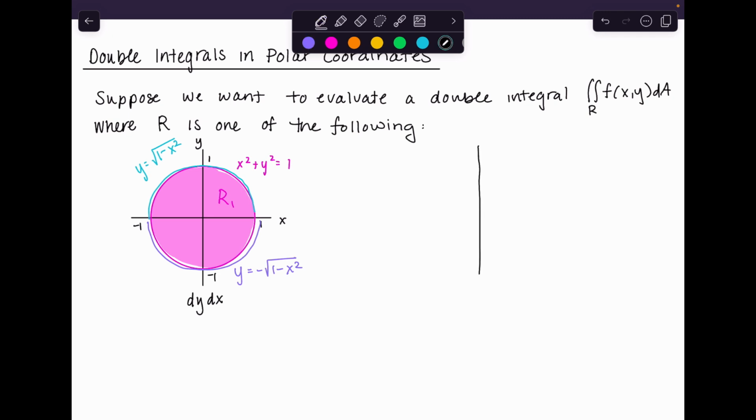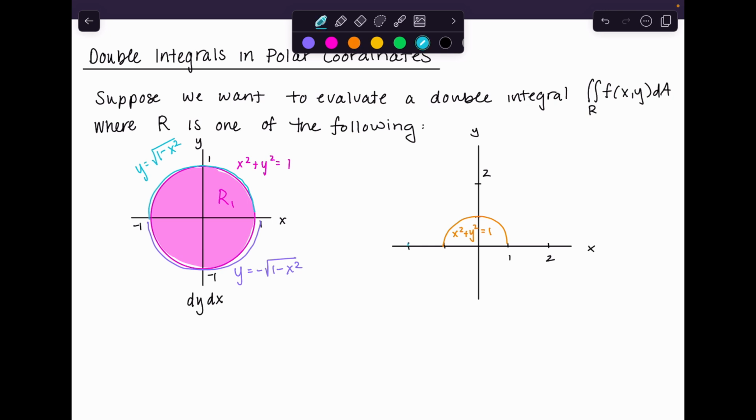To give you another example, let's say we have semicircles. Maybe we've got one semicircle here, which is x squared plus y squared equals 1, but just the top half.